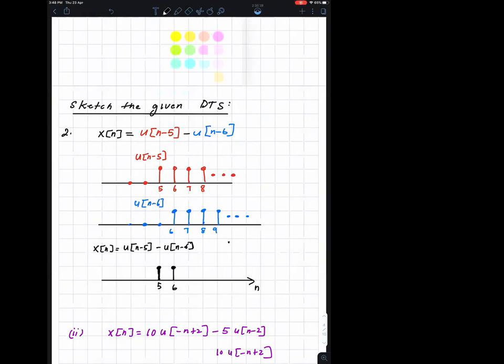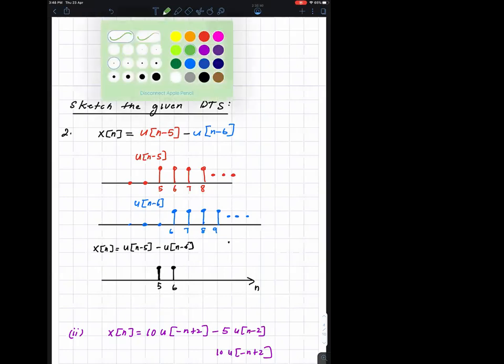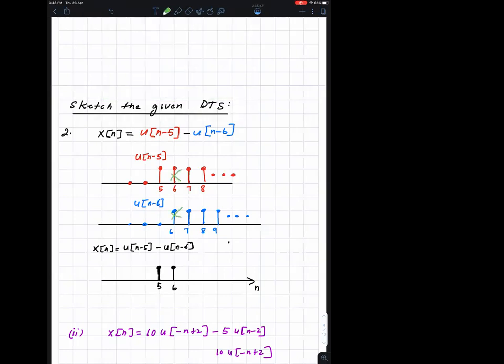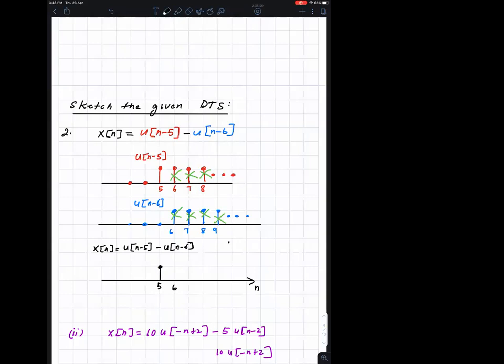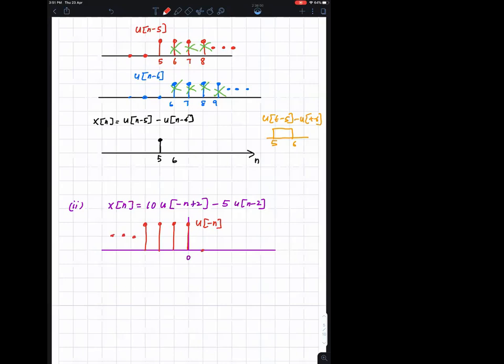All this will go to 0, isn't it? When you subtract, all this will be cancelled. And what remains is only one signal at 5. So this is where I'm asking you to be very careful. Okay, going on. These are 0.